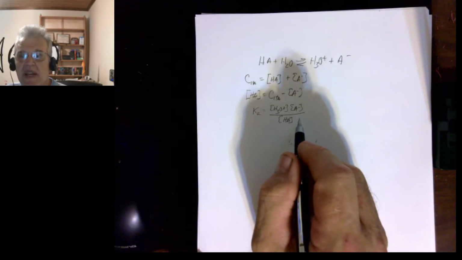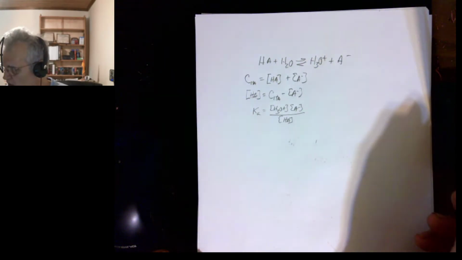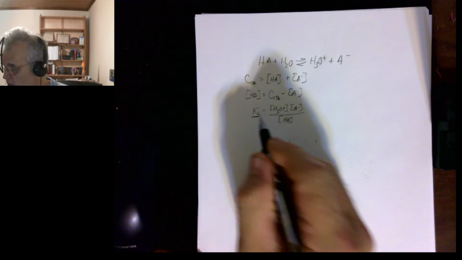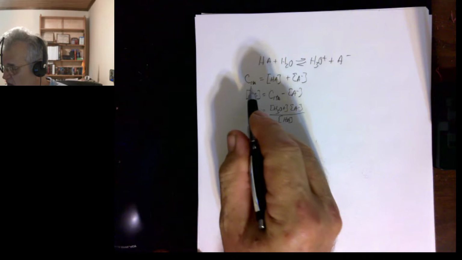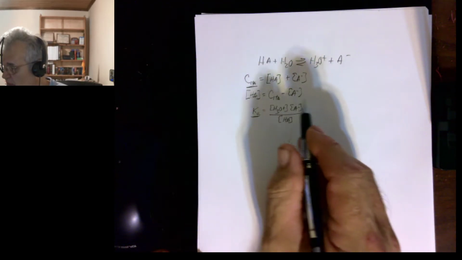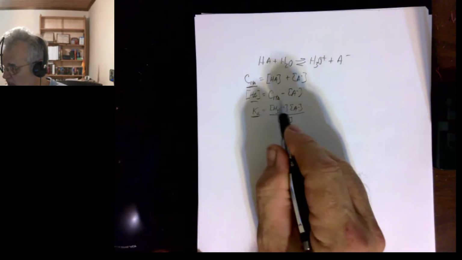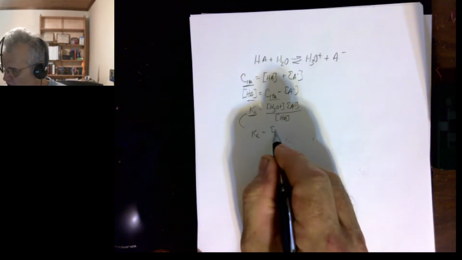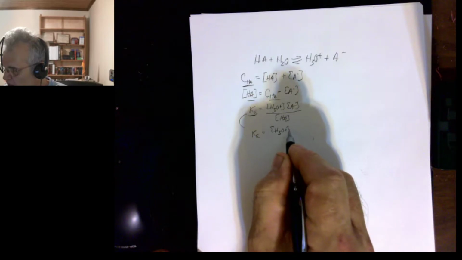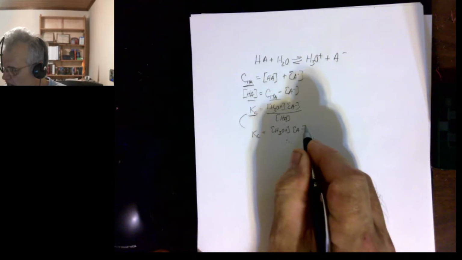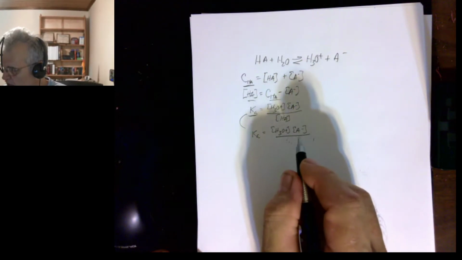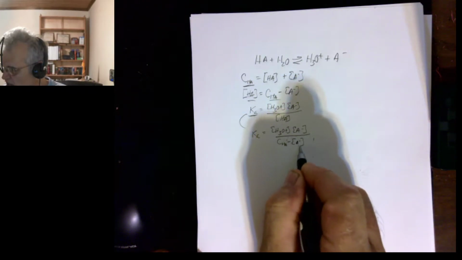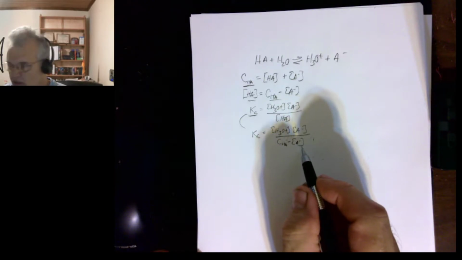So this would be the equation that we're using there. So we have three unknowns. This is known. We're given Ka, and we know the analytical concentration, but we don't know these three. With this substitution, I can put this in for HA. I can change this to say that Ka is equal to [H3O+] times [A-] all over top of C_HA minus [A-], right? Because I know that concentration.